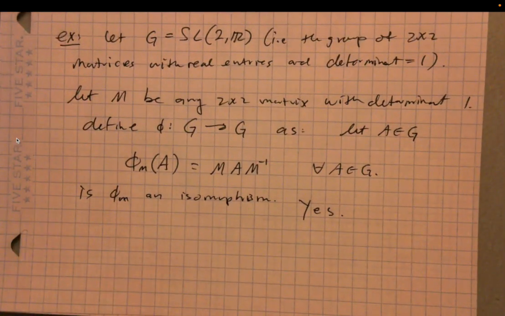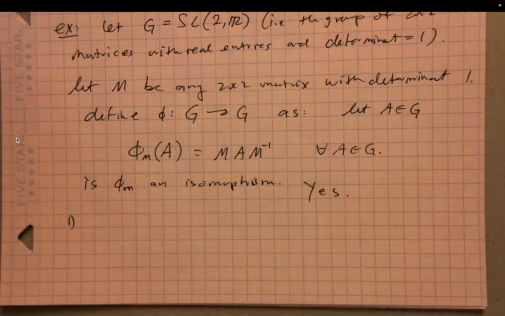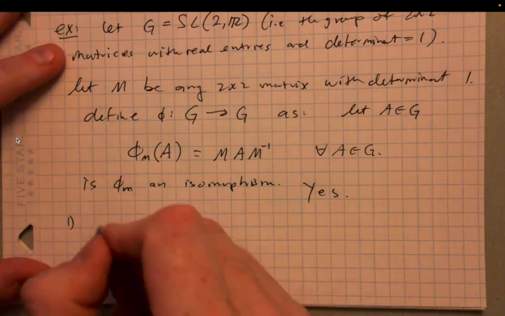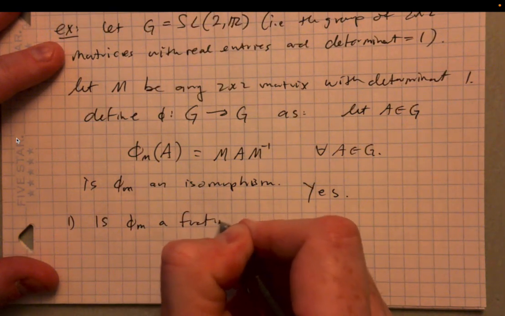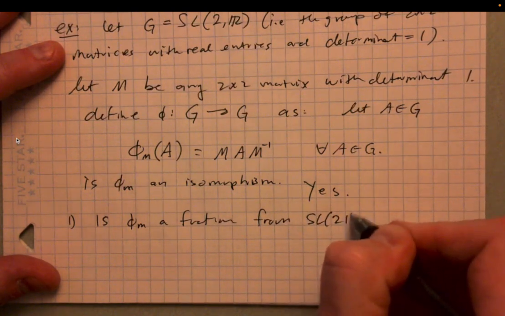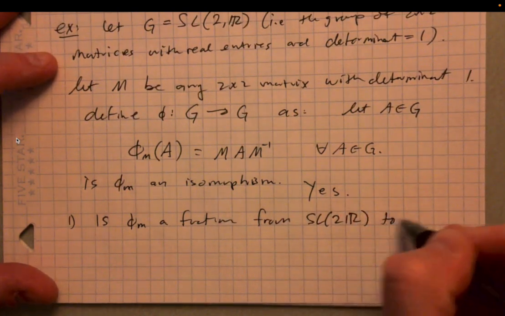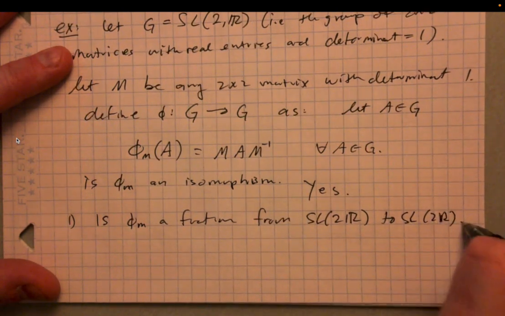Okay, let's go through it. The answer is yes. Why is this an isomorphism? First of all, the candidate mapping: is phi a function from G to itself? In this case, from SL2R to SL2R.